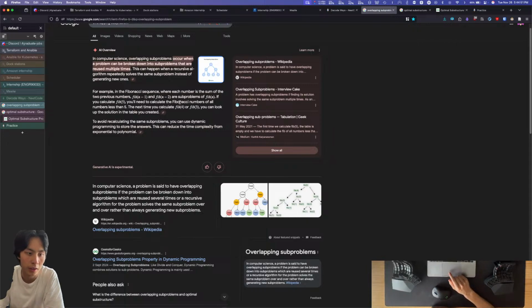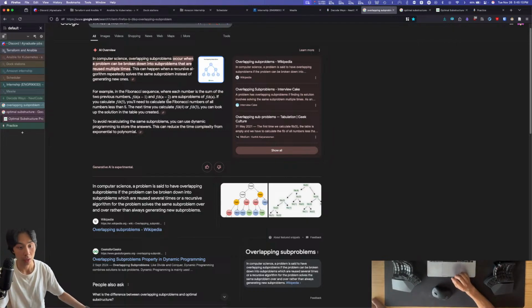If you calculate fib 5, you need to calculate numbers less than 5. The next time you calculate fib 4 or fib 3, you can look up the solutions in the table you created. To avoid recalculating the same subproblems, you can use dynamic programming to store the answers. This can reduce the time complexity.